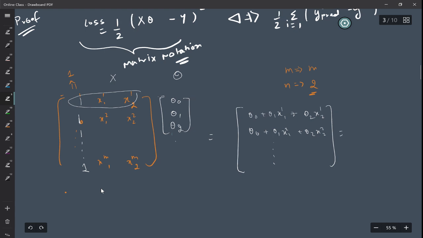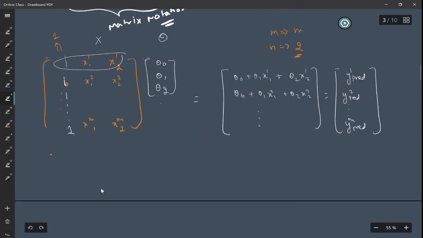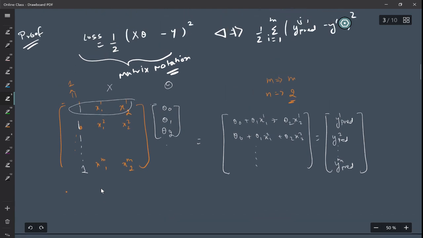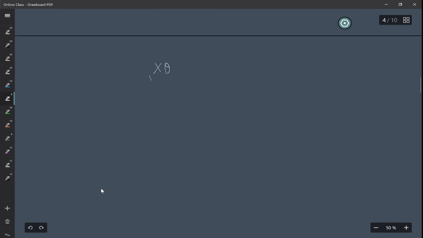So clearly you can see this is nothing but the predicted values. This is going to be y predicted of 1, y predicted of 2 up to y predicted of m. So effectively what you are getting from x theta is a matrix of y predicted, and if you subtract from it the original matrix, which is y actual, and square this thing up, you will get the loss.